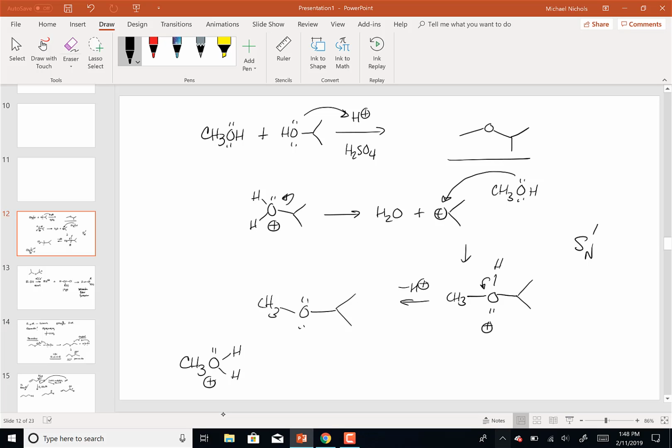So what's going to add? And so that's going to have to come in, add to the methyl group, and kick the water off in an SN2 reaction, including an SN2 transition state.